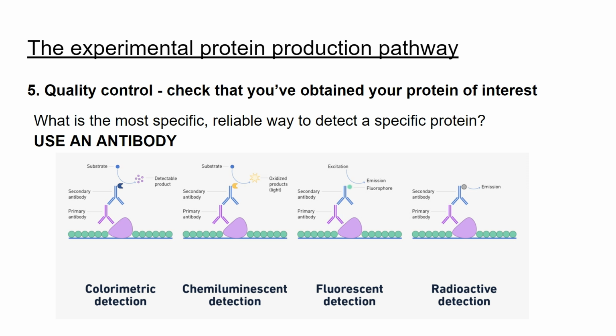But the key principle is that if you don't actually have your protein in sufficient quantity, or if it's not there at all, you're either going to get a very low response on this test, or you're going to get no response.